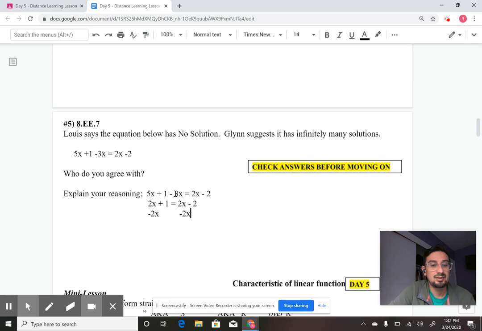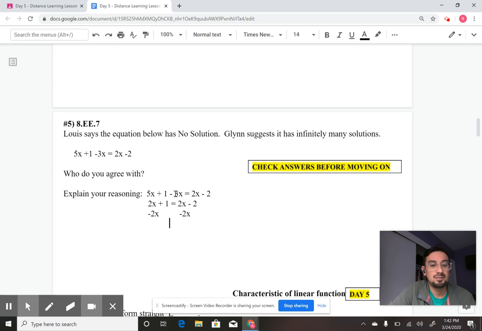And then you're left with 1 equals negative 2, which is a false statement. So therefore, there isn't a solution. If you get 1 equals 1, that would be infinitely many. But in this case, 1 equals negative 2 is false. So there's no solution for this equation.